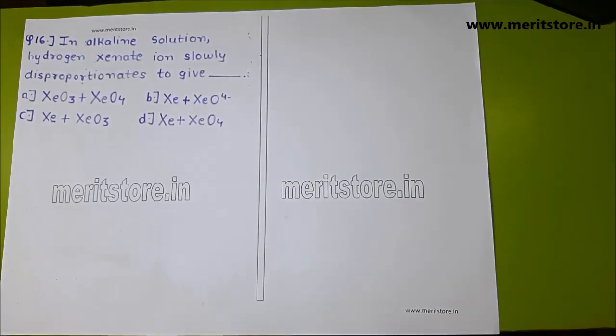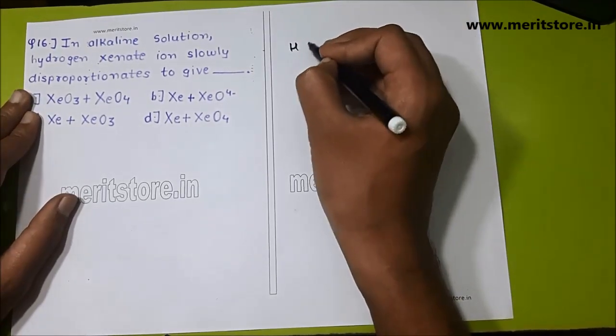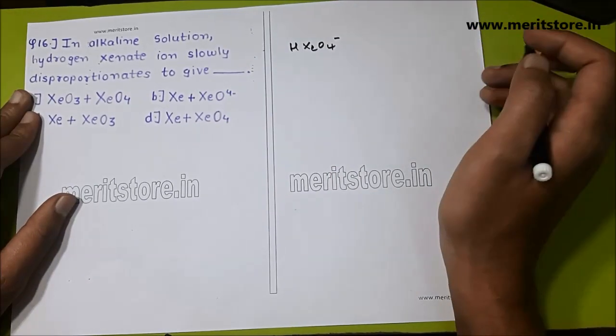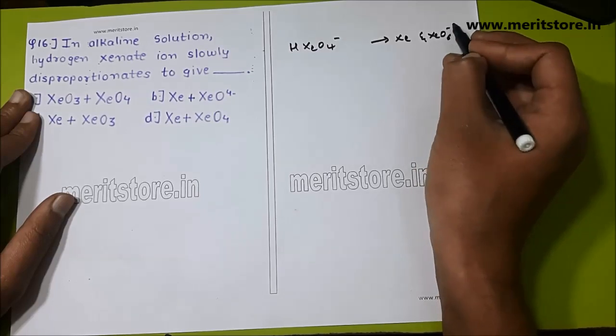Question number 16. In aqueous alkaline solution, hydrogen xenate ion slowly disproportionates to give: A. XeO3 plus XeO4, B. Xe plus XeO6 4 minus, C. Xe plus XeO3, D. Xe plus XeO4. So in alkaline solution, hydrogen xenate ion, which is HXeO4 minus, slowly disproportionates to give Xe and XeO6 4 minus.